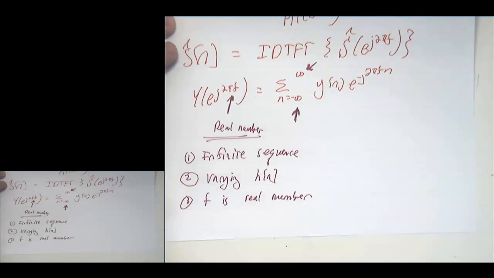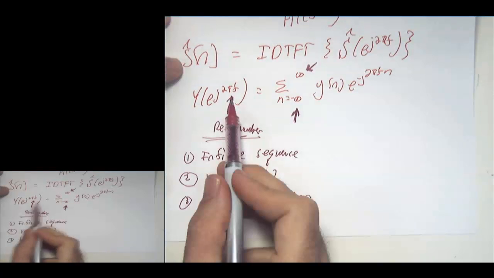And so what we want to do is come up with a way of doing everything in the frequency domain that will still allow us to work in discrete time without having to go into the continuous frequency domain, which effectively is what this is here. This is a periodic continuous time signal.